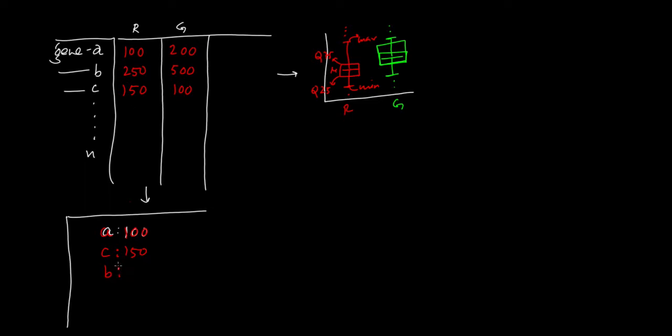Now the same thing for the green channel, the lowest value is C. So orders are different here. Orders are completely screwed up now. And the second one is A, which is 200, and the third one is B, which is 500. So the order has been changed.